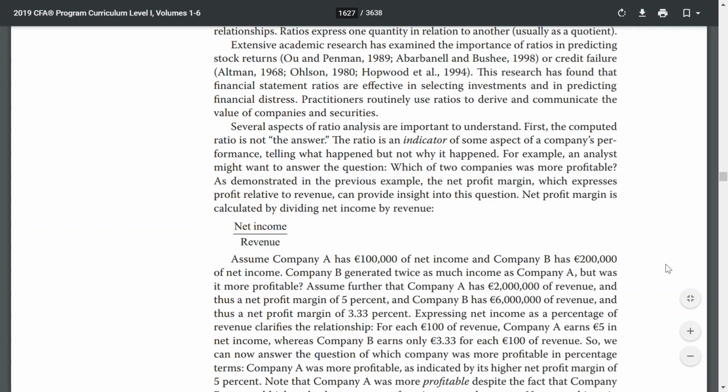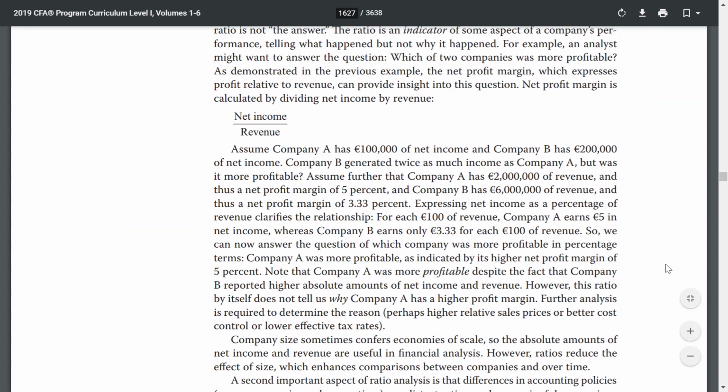Assume Company A has 100,000 euros of net income and Company B has 200,000 euros of net income. Company B generates twice as much income as Company A, but was it more profitable?